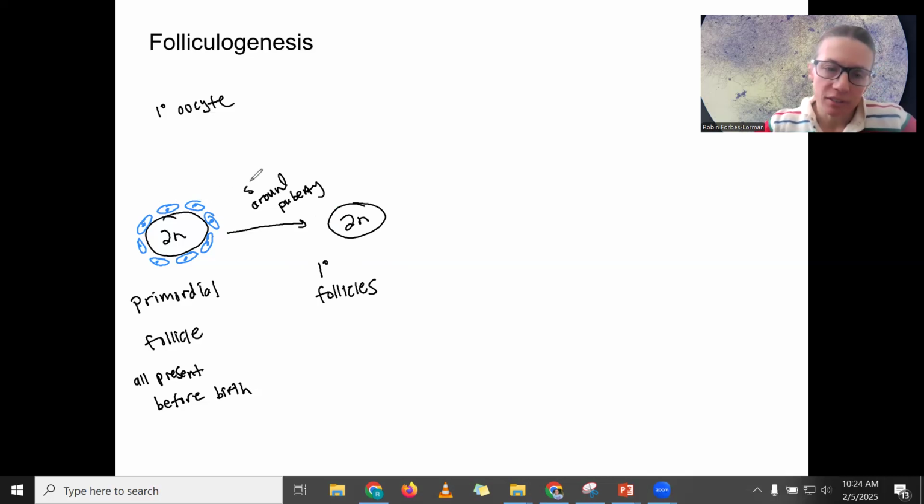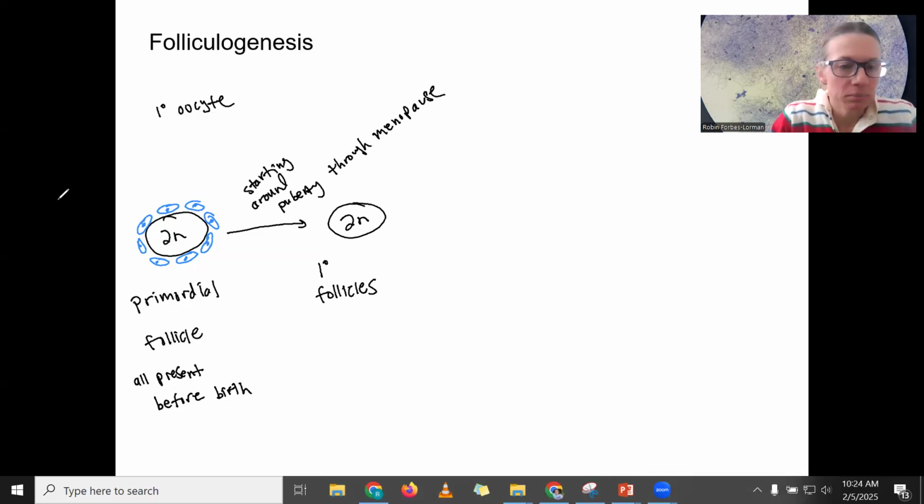So starting and then through menopause. Different primordial follicles will develop at different times, anywhere between 12 years old, whenever it starts, to 30, potentially 40 years old.